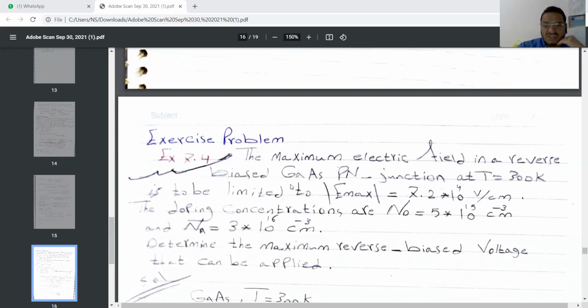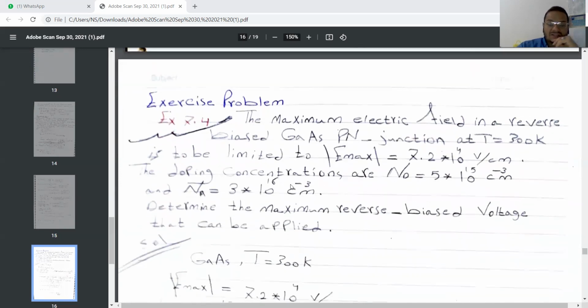The doping concentrations are ND donor concentration equal 5×10^15 and NA equal 3×10^16. What the author wanted from us is to determine the maximum reverse bias voltage, VR, that can be applied.